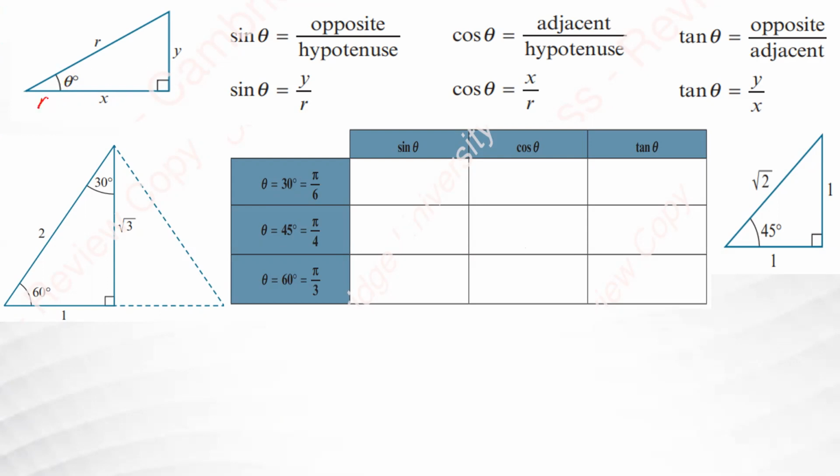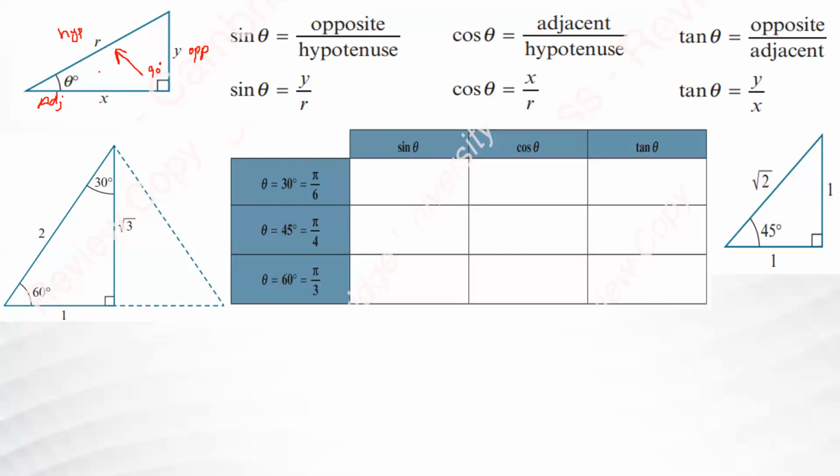This side is adjacent. The side where you can see the 90-degree angle is there, that side is called opposite. And the side which is exactly opposite to the right angle is called the hypotenuse, and it is the longest side of a right angle triangle.